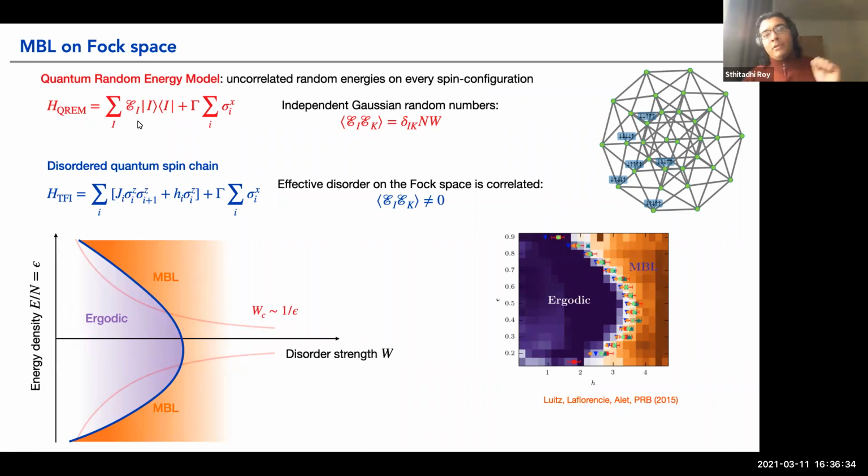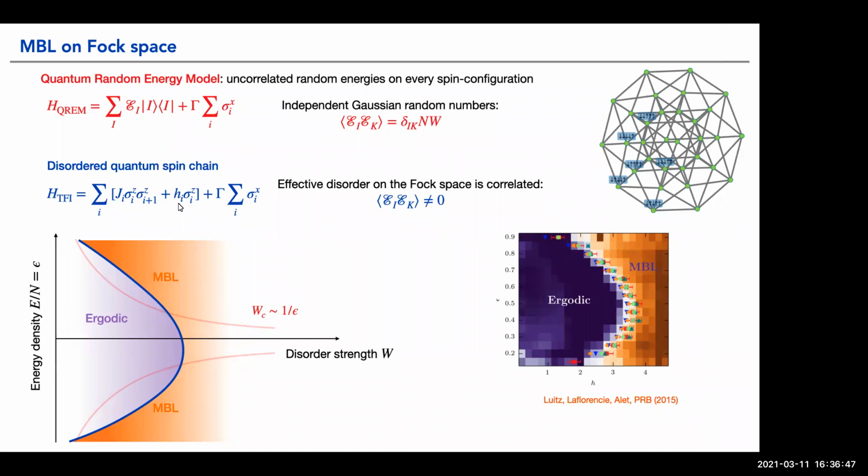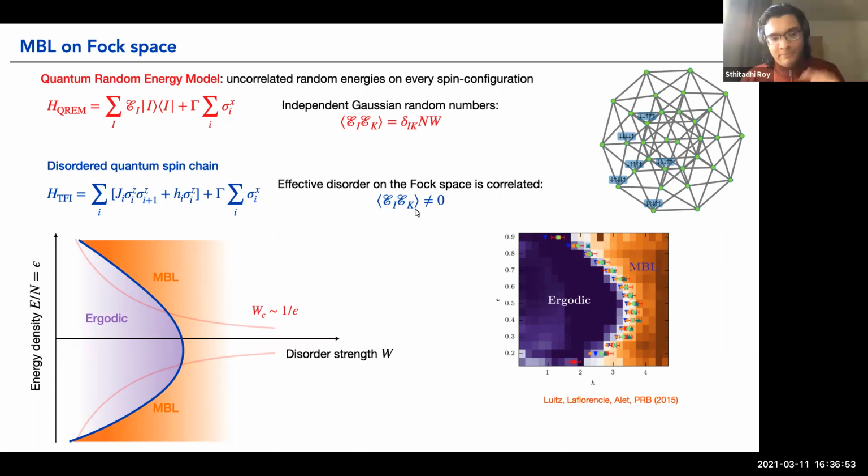In the quantum random energy model, all the spin configurations have some random energy. But here there is a local interaction and local fields, which instead of giving you uncorrelated site energies in Fock-space, give you strong correlations now. Precisely. That's the point I'm going to harp on quite a bit.